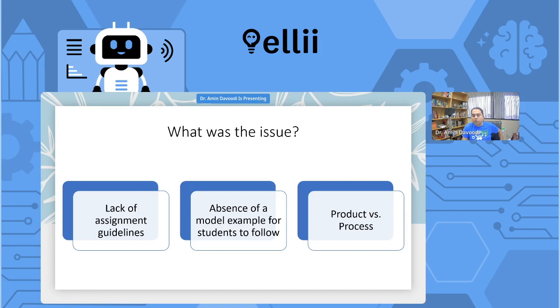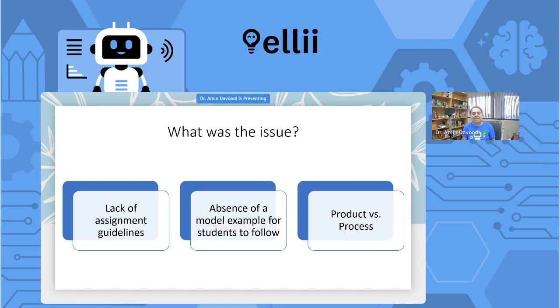And the third one, which I think is the most important one, is product versus process. What do I mean by that? When it comes to writing, this is my personal opinion. I think the process is as important as the product. Okay, I can rephrase that. I think the process is even more important than the product.